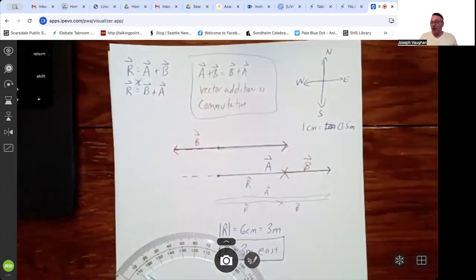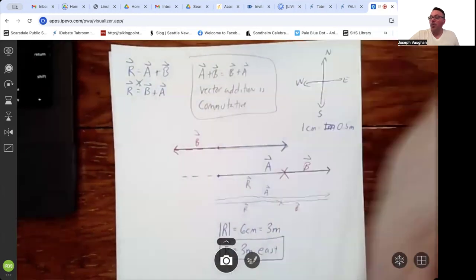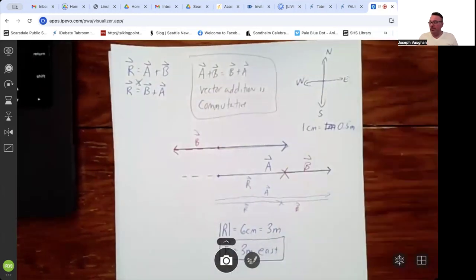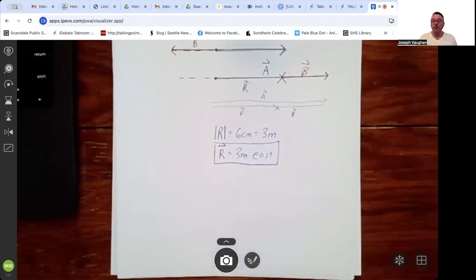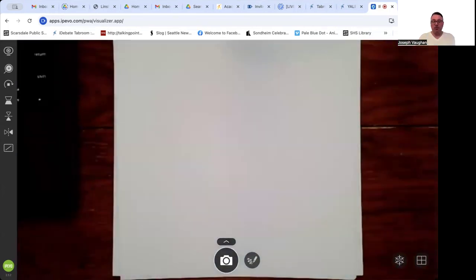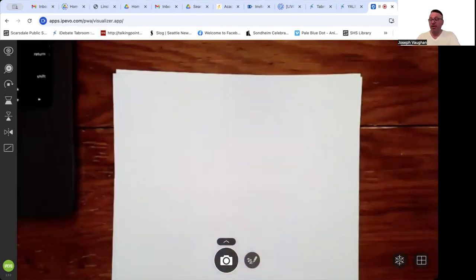All right, great. So what you've noticed about our problems here is we've done the simplest type of problem that you can. That's because the given vectors all were along the same axis. So let's just take a moment and think about that.